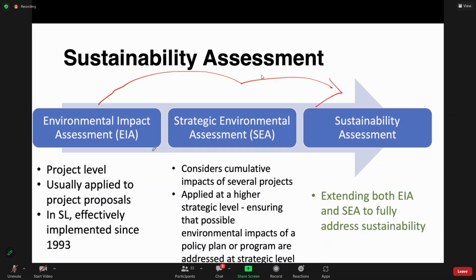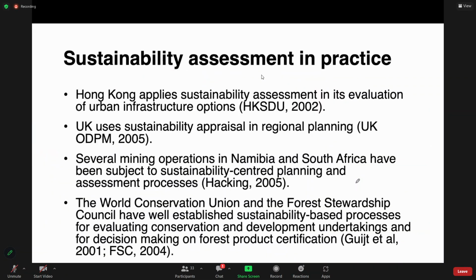So rather than just limiting it to project level, applying it only to individual project proposals, extending those fully to address overall holistic sustainability issues. So these are actually practiced in several countries around the world.